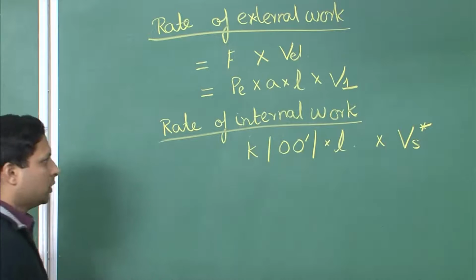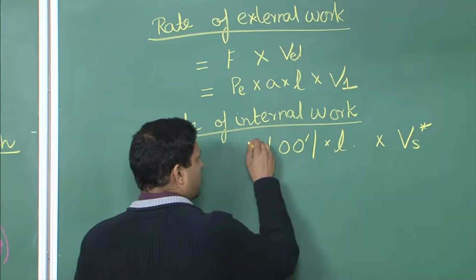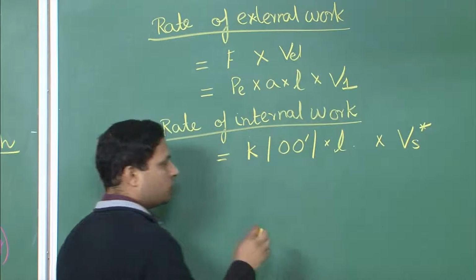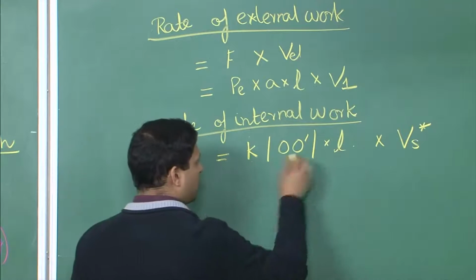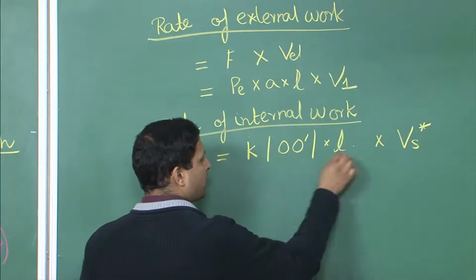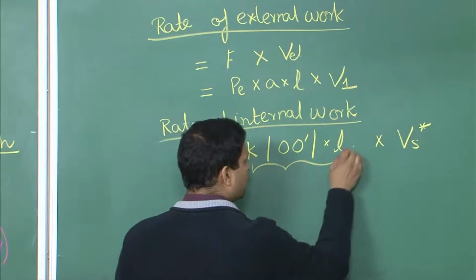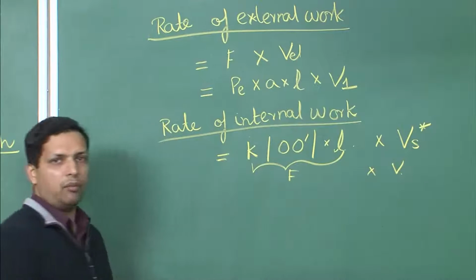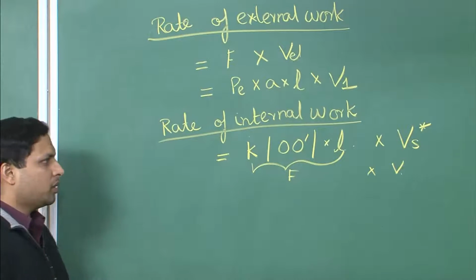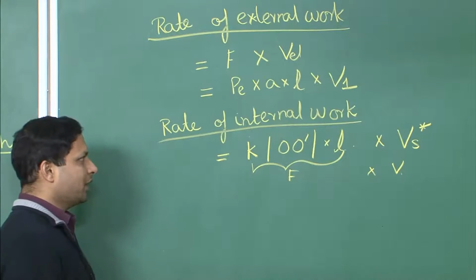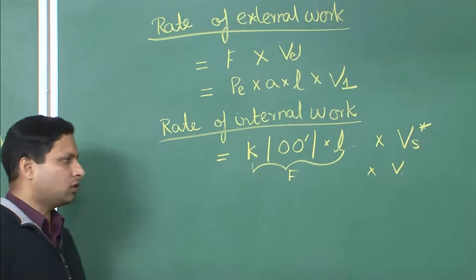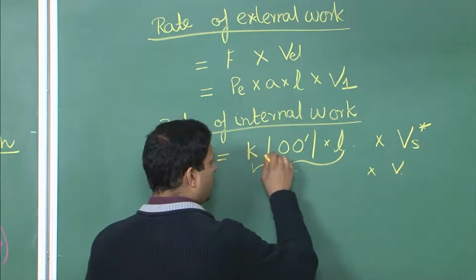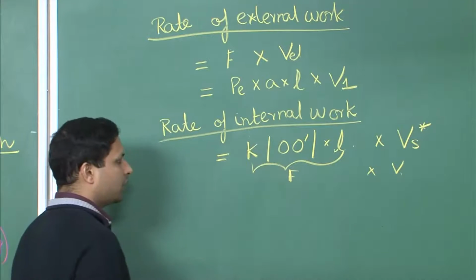So, you see, this is the shear strength of the material K, OO prime is one dimension, L is another dimension. So, this is shear stress times area. So, this is force into velocity. So, the units are same. So, we are again talking in terms of force into velocity. So, it is indeed rate of work. So, we are calculating force times velocity, or we are calculating rate of internal work.